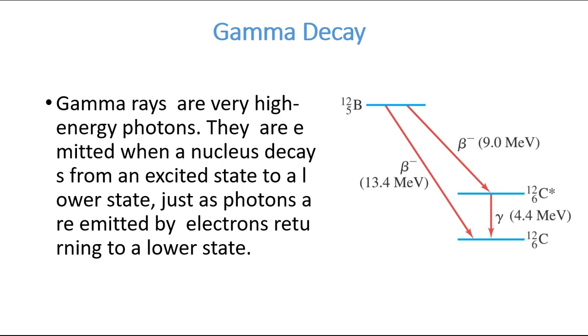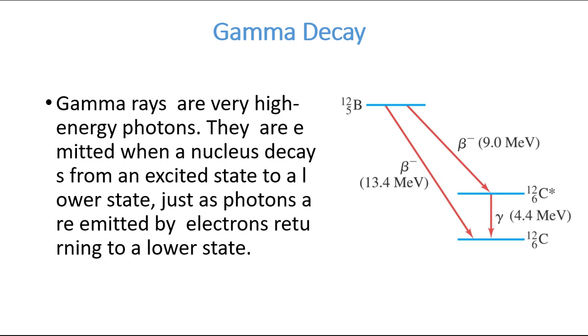Gamma decay is similar to X-ray production in atomic excitations. Gamma rays are similar to X-rays; they are just electromagnetic radiation. Gamma rays are very high energy photons.